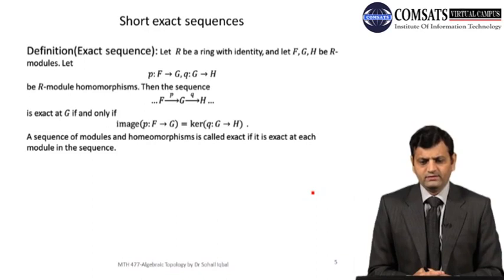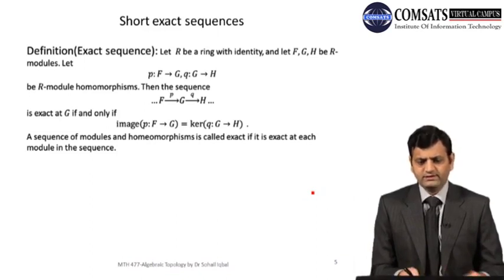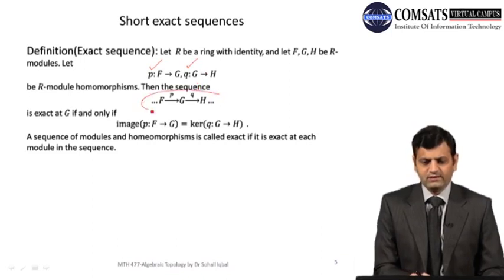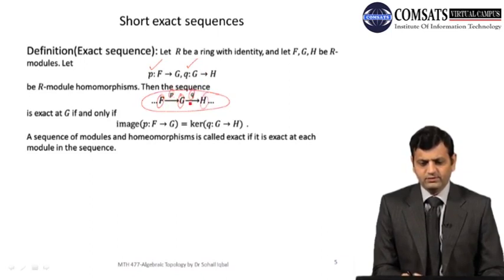With this notation, let's start with our first definition of today's lecture. Given any ring R with identity, and F, G, H being R modules, and p from F to G an R module homomorphism, and q from G to H another R module homomorphism, this sequence of R modules F, G, H and R module homomorphisms p, q is exact at G. This is important, that we are checking the exactness at this node G and not at any other place.